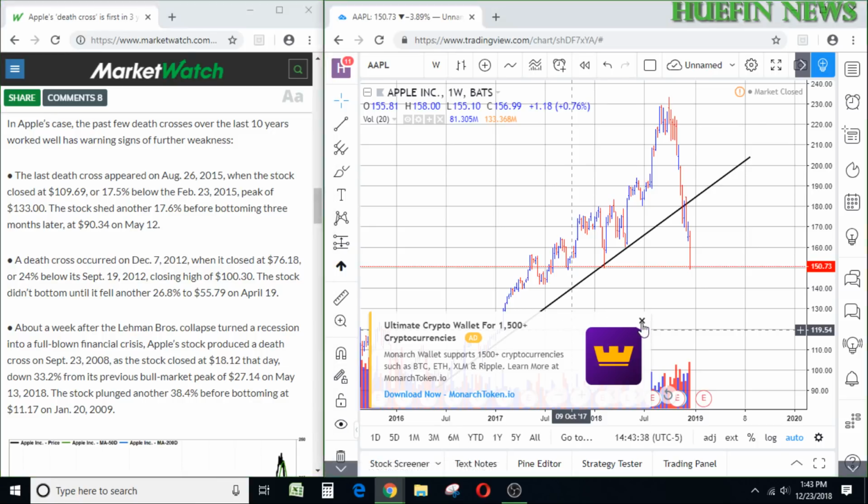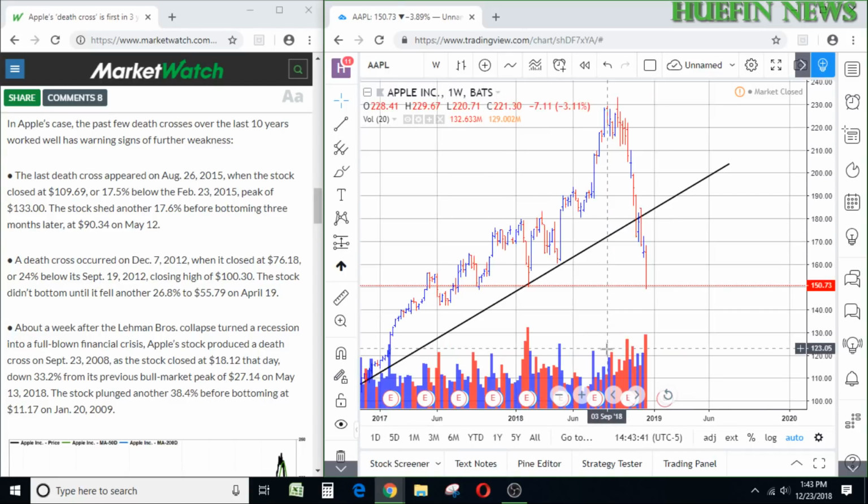We're looking here on the daily price chart for Apple, and the way that we concluded this previous week with all this volume continues to show you that Apple is extremely weak. We are not at a support area just yet, even though there could be a small bounce here at $150.